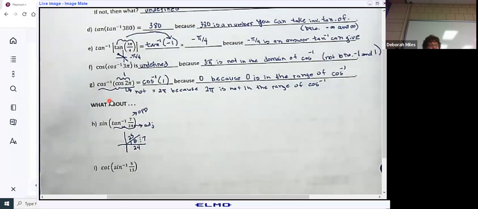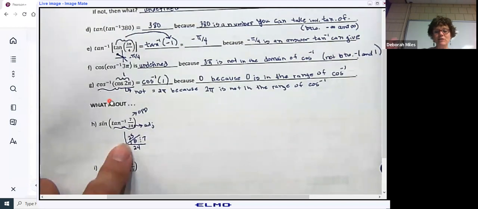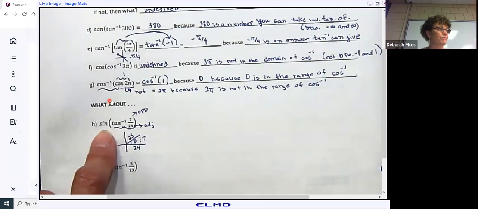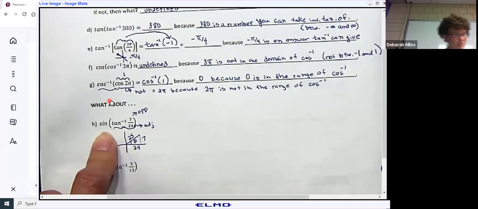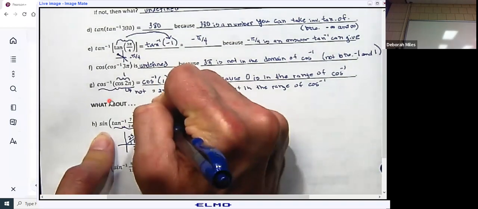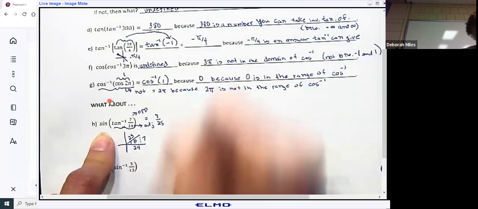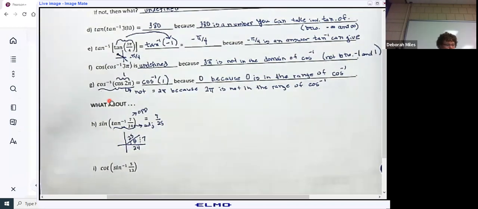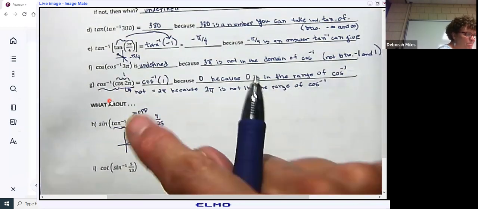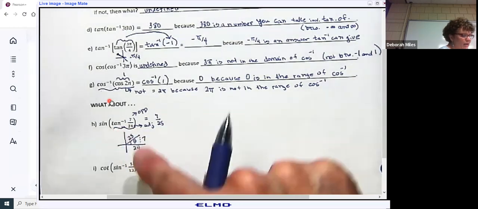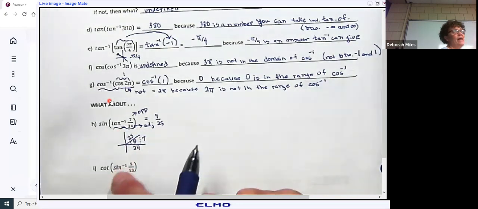So even though I can't tell you how many degrees or how many radians theta is, I can tell you what sine of theta is. I like being able to tell you something about that angle without actually having to figure out what that angle is.